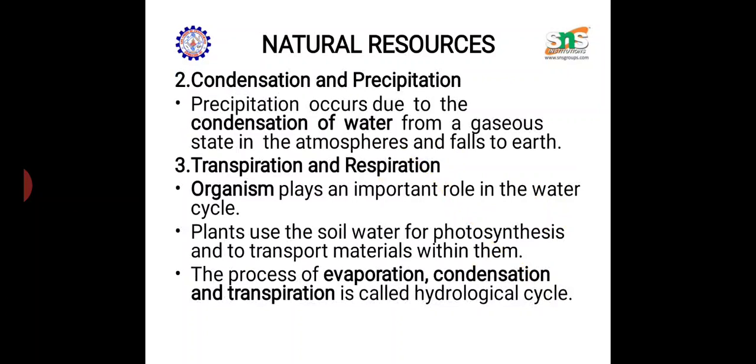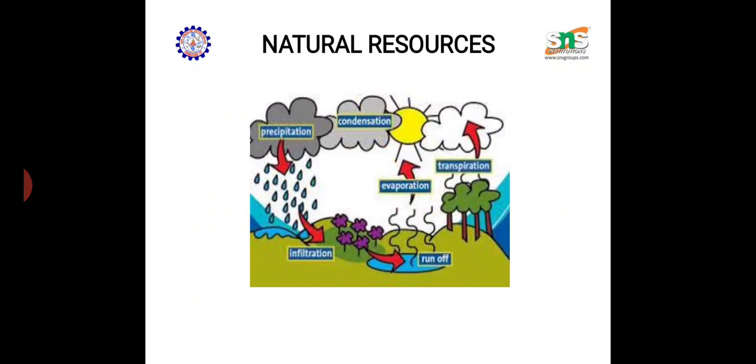By this process, the hydrological cycle is maintained on the earth. So like this: precipitation, condensation, evaporation, transportation. Transportation is mainly due to evaporated water molecules escaping from plant organisms.